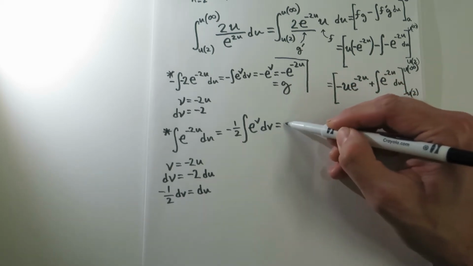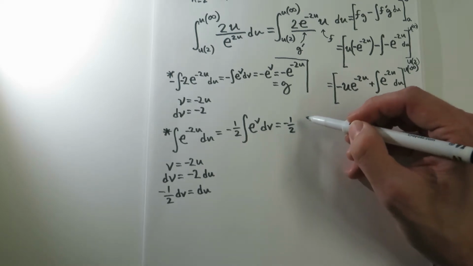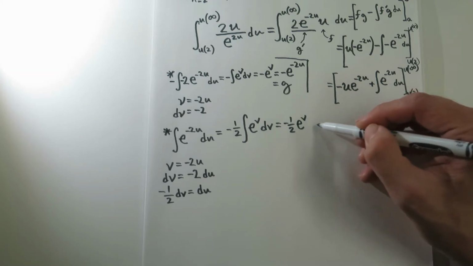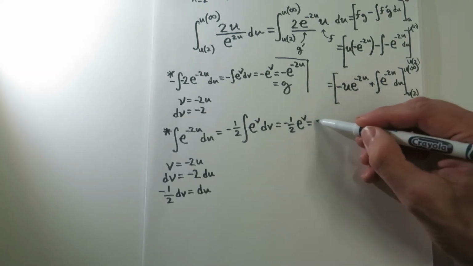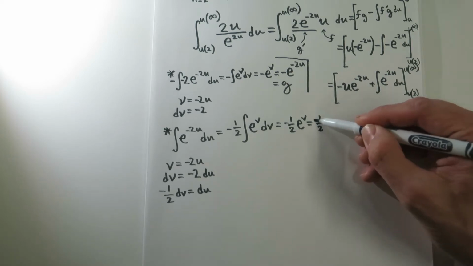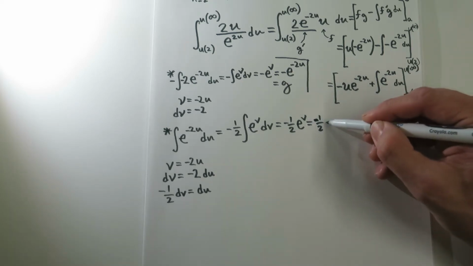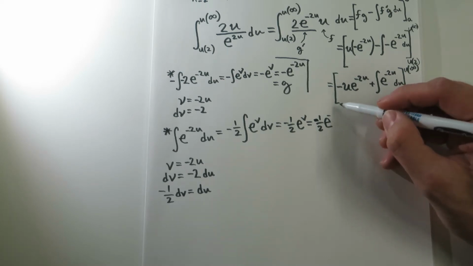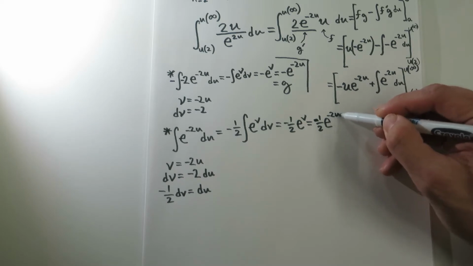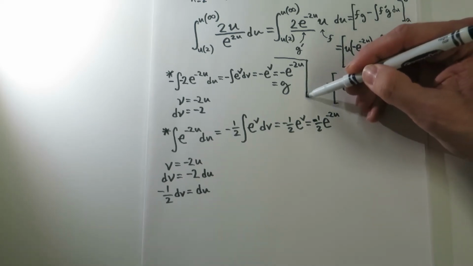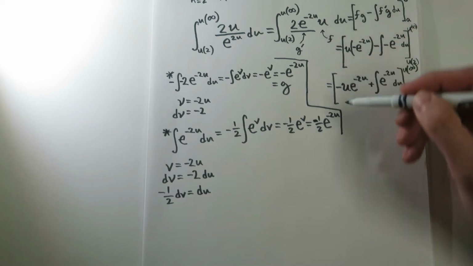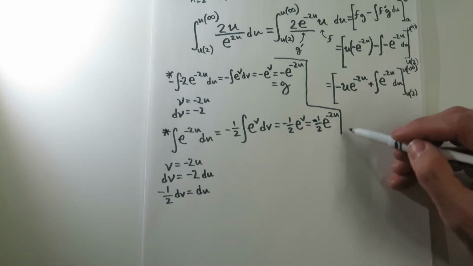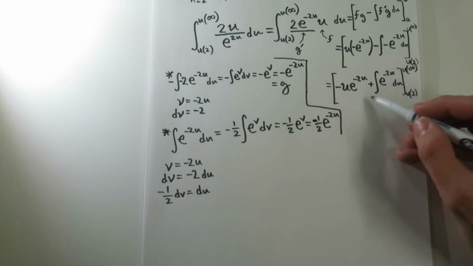This is just going to equal negative 1/2 e to the v, which is just equal to negative 1/2, make sure that we keep that negative there, negative 1/2 times e to the negative 2u. And again, I'm just going to section this off here so we don't get that mixed up with what we were doing earlier. So we've solved for this integral here.